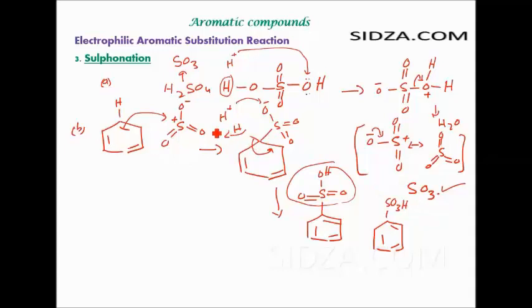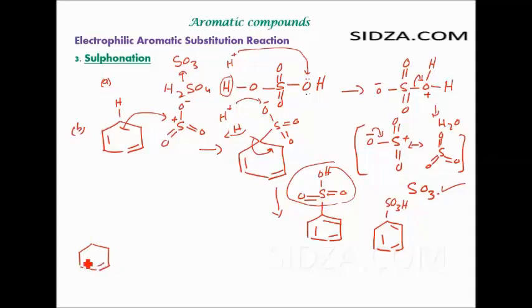You get intermediate. The hydrogen which is lost actually from the benzene ring, right? This is something special here. The hydrogen which is lost from the benzene ring, actually it goes to the oxygen, and you get the HSO3, correct? So if you write the reaction like this, the overall reaction I can write it like this, right?